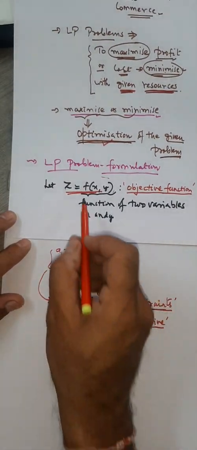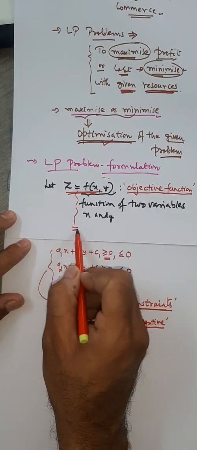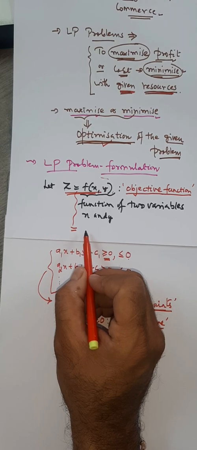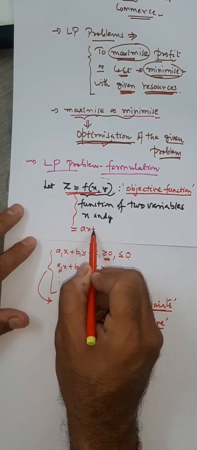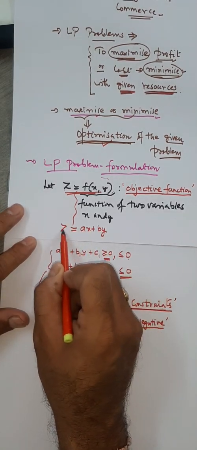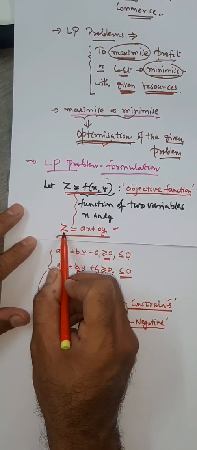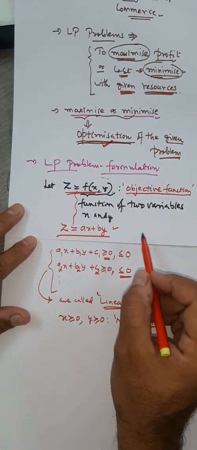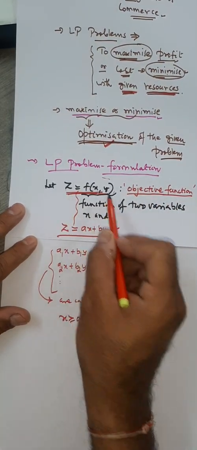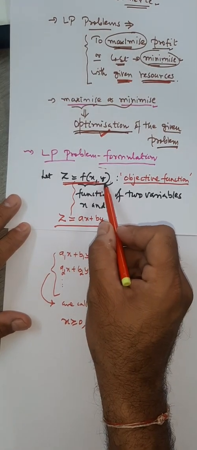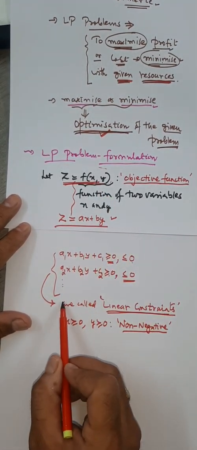It has an objective function. Normally the objective function is always a linear function in our case. So if you want, you can write it like this, ax plus by. This is the objective function in general, which is either to be minimized or maximized. That's called optimization. So one is the objective function. You have some conditions. This function is to be maximized or minimized under these conditions.